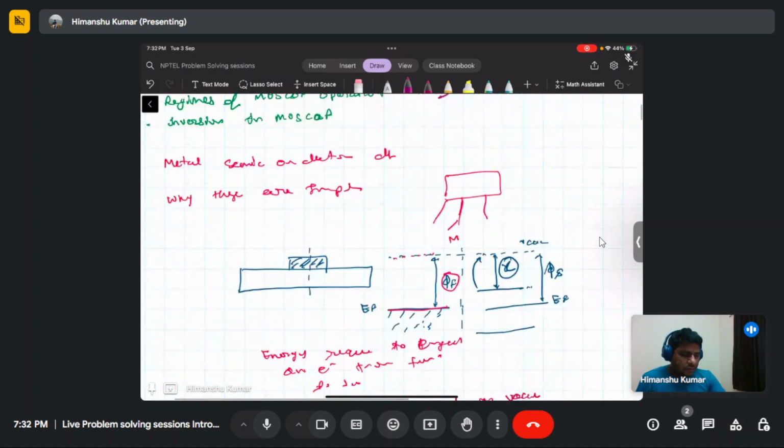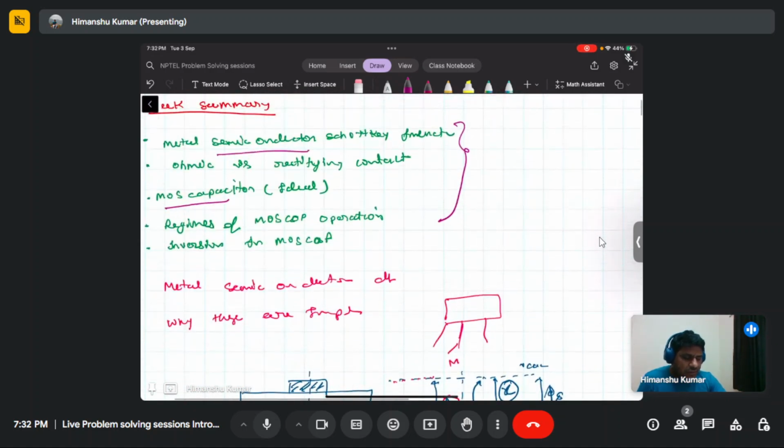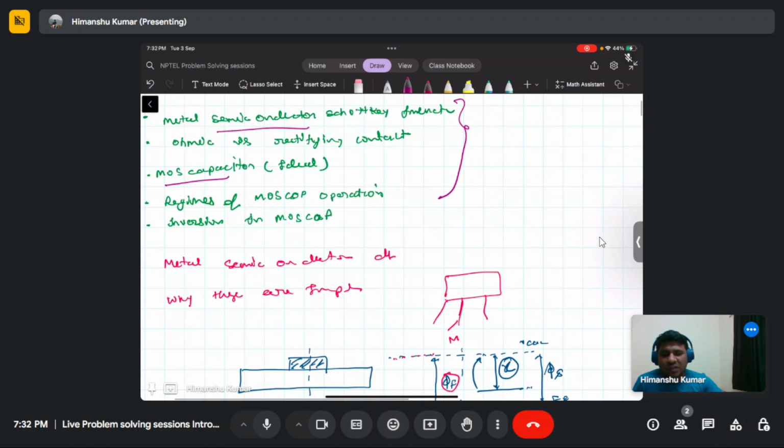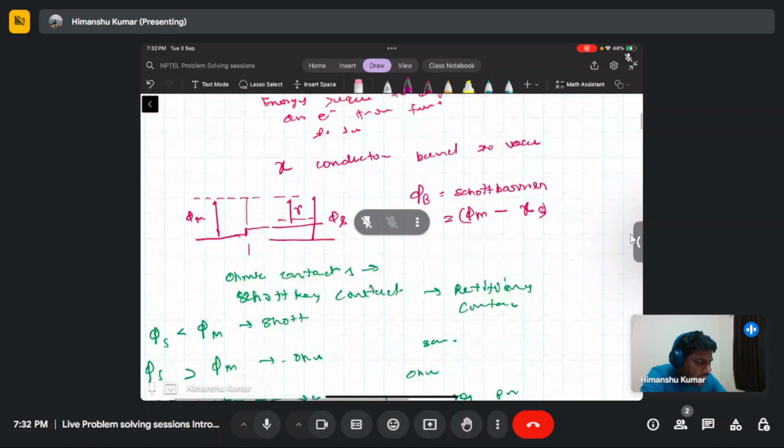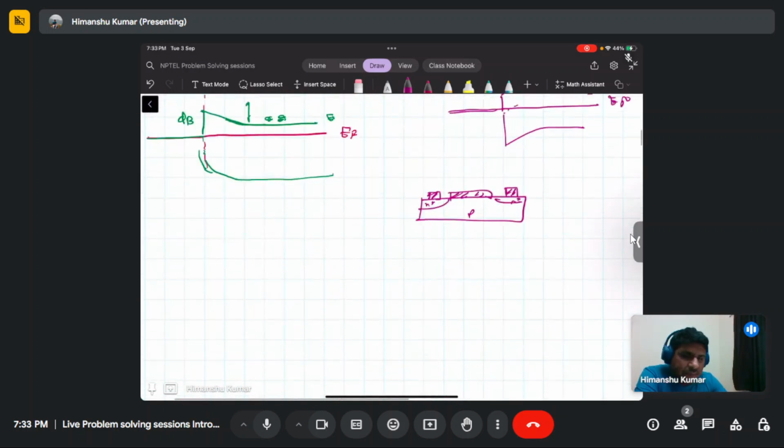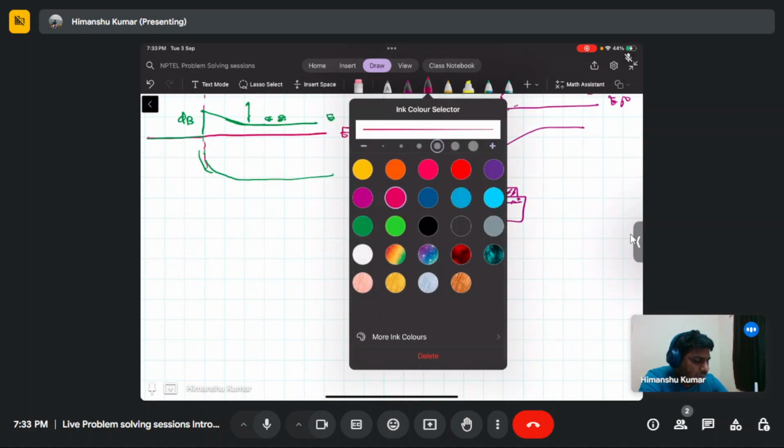Now, in the class, another important device discussed was the MOS capacitor. MOS capacitor is very important in the functioning of the metal oxide semiconductor junction.